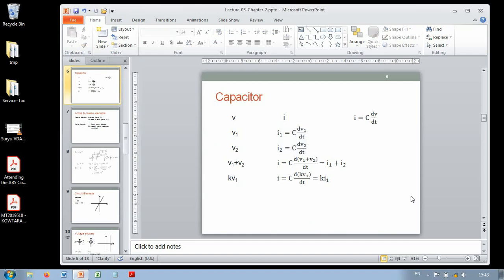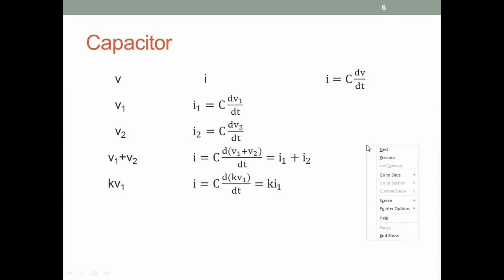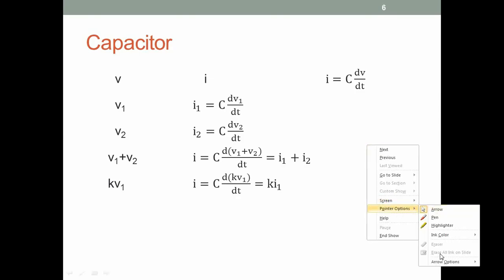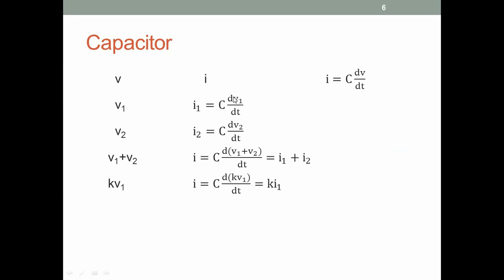Alright. So if we apply a voltage V1, then the current that flows is C dV1/dt. If we apply a V2, the current that flows is C dV2/dt. If we apply V1 plus V2, the current that flows from this equation is C times d(V1 plus V2)/dt. Is this equal to I1 plus I2?